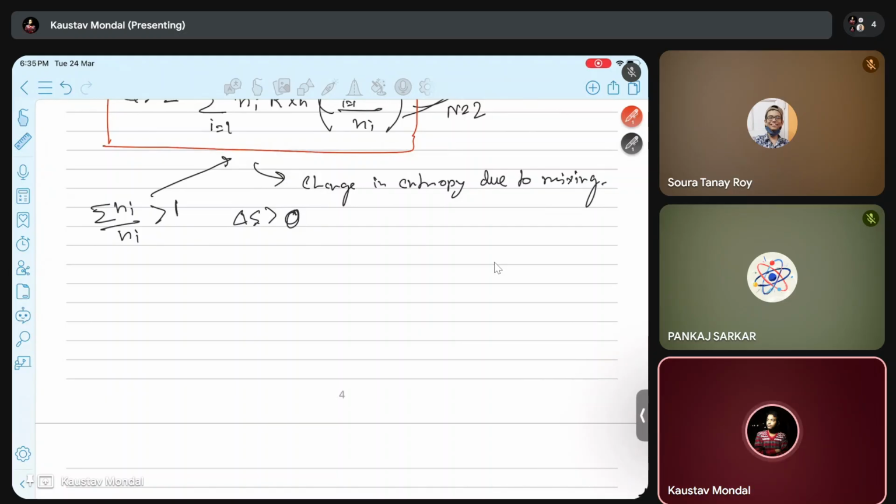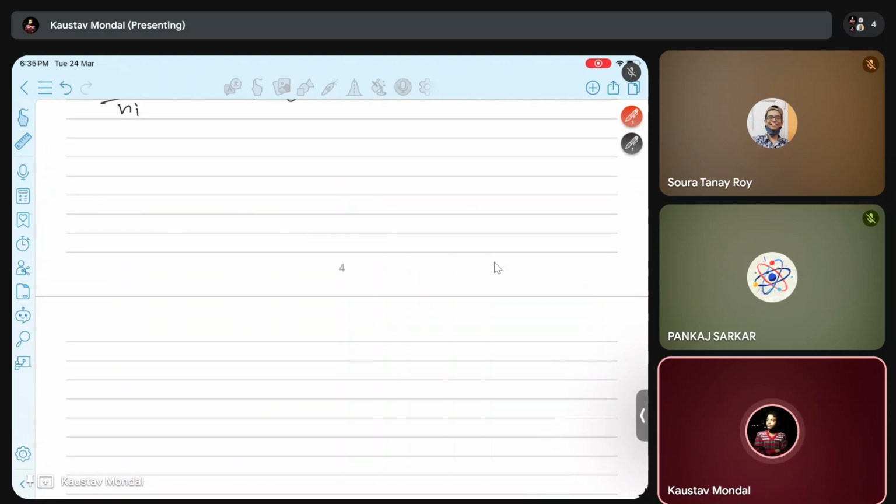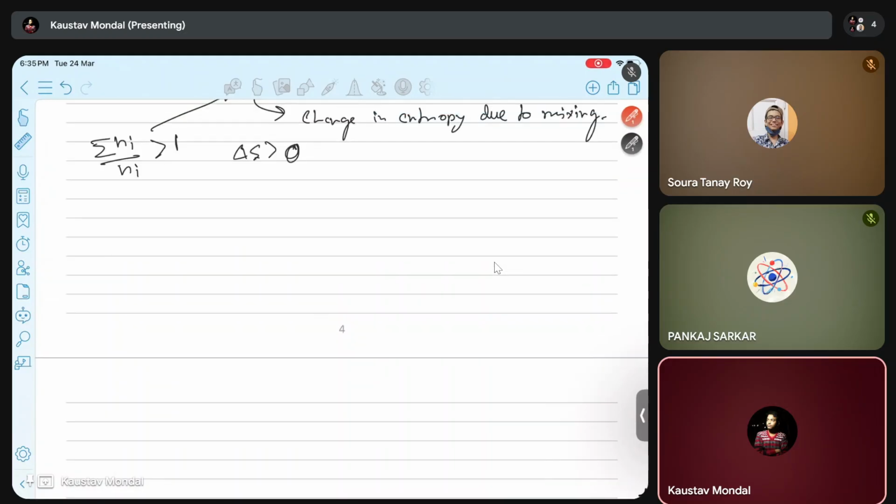So now we'll write some physical interpretation, like physical properties of entropy.